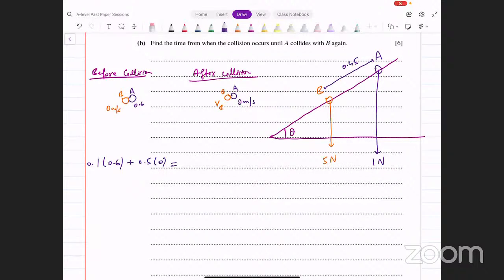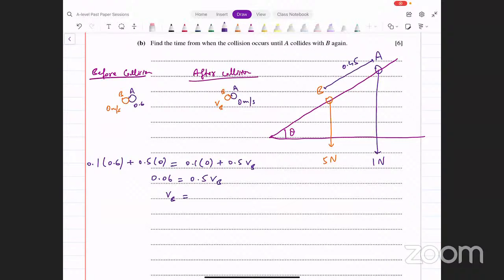Momentum after collision, mass of A, which is 0.1 into velocity of A, that's 0, plus mass of B, that is 0.5 into velocity of B. यहाँ से आपके पास velocity of B आ जाएगी। So we've got 0.06 equals 0.5 times velocity of B। ये आपके पास velocity of B आ गई just after collision। ठीक है?